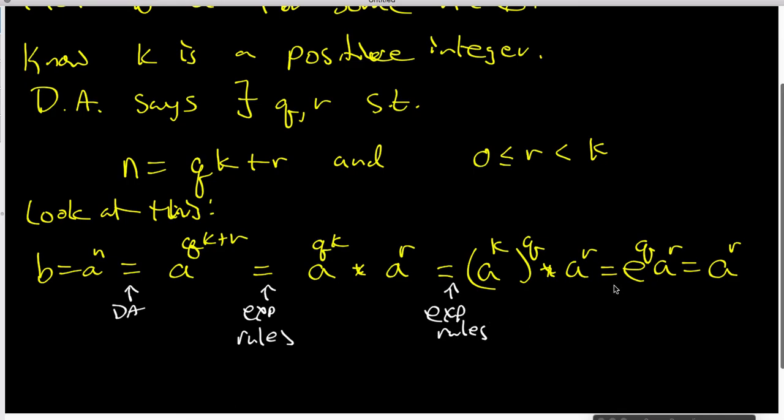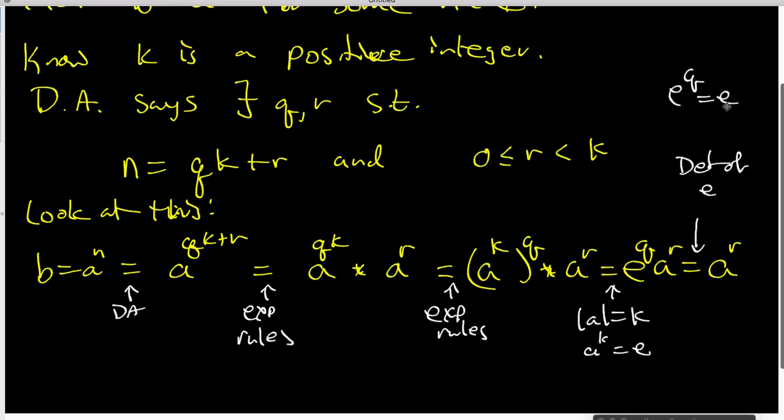This equal sign is the fact that the order of A is known to be k, so a to the k is equal to e. And this last one is basically the definition of e. e to the q is going to be e, and we know that e times a to the r is equal to a to the r because of the definition of e.